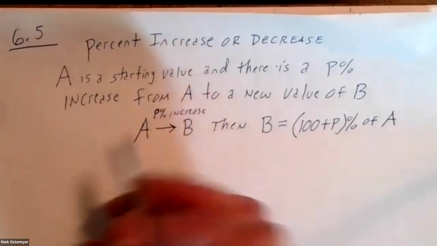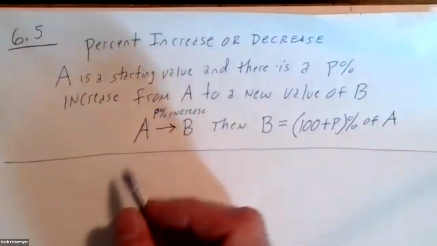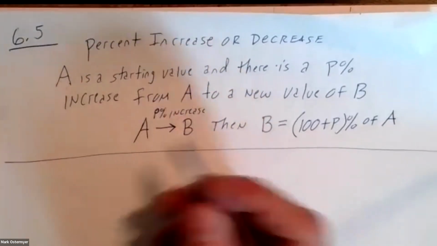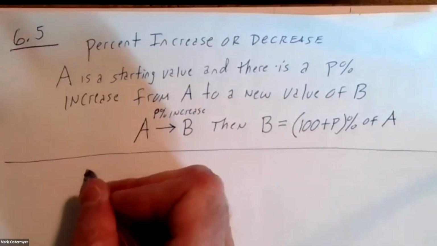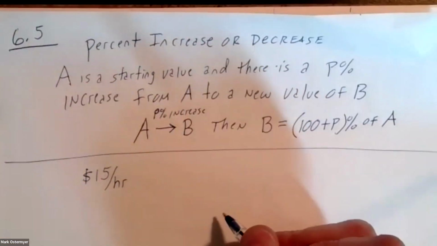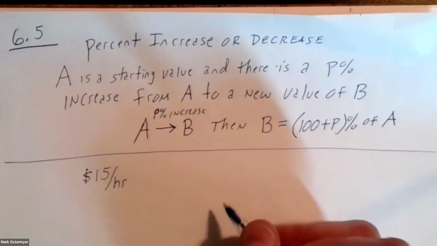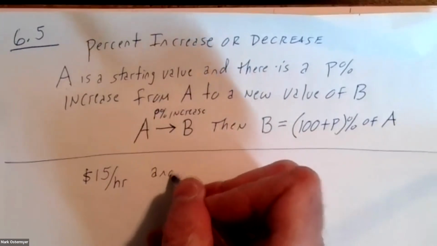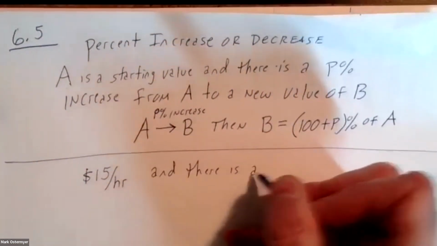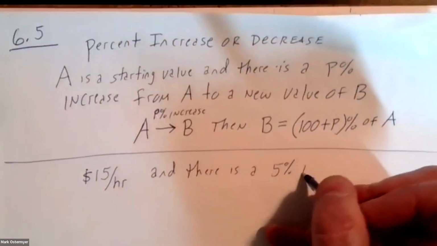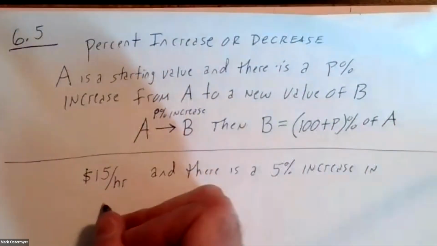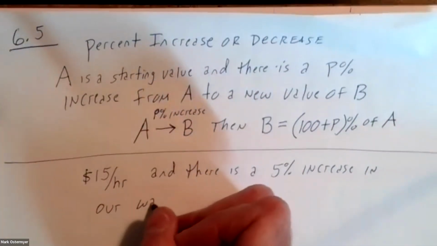All righty. Let me give you an example here. Suppose that we're making, let's say maybe like $15 an hour at a job, okay? And let's say there is a 5% increase in our wage.